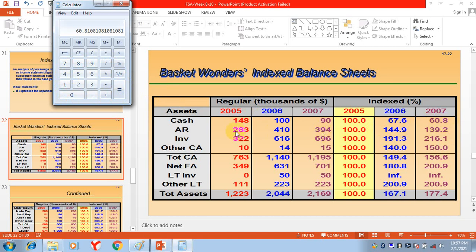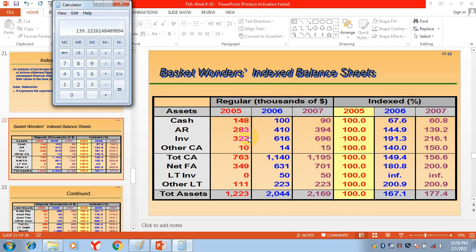Similarly, 394 divided by 283, multiplied by 100. So we got 139.2.